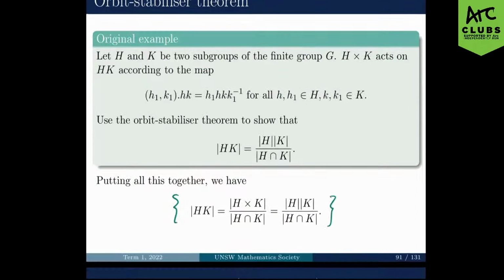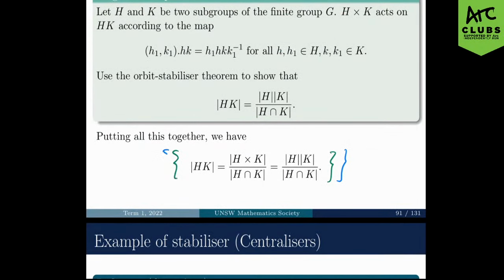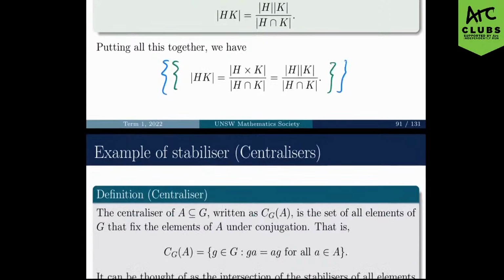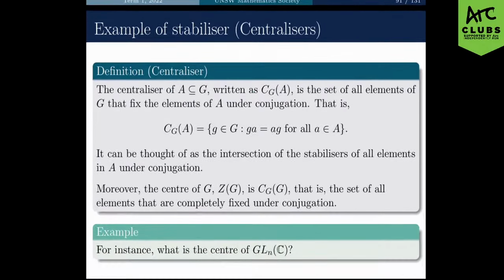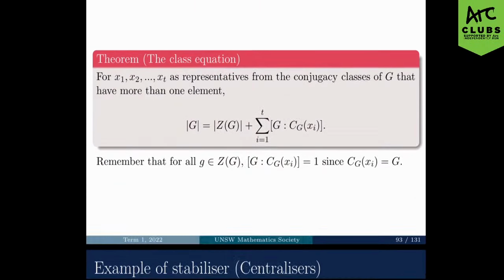Cool. That's what we get from there. This is an example of stabilizers, which we will skip just because of time, but you can get some interesting questions from that.